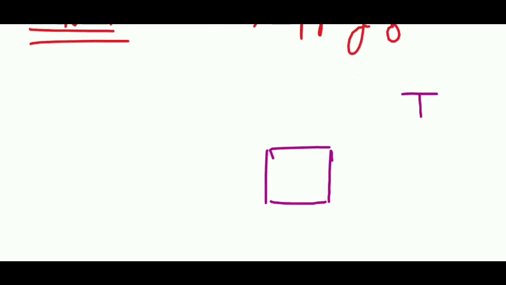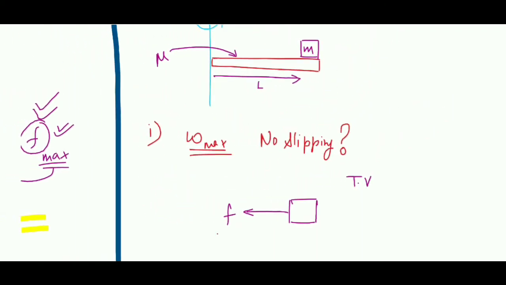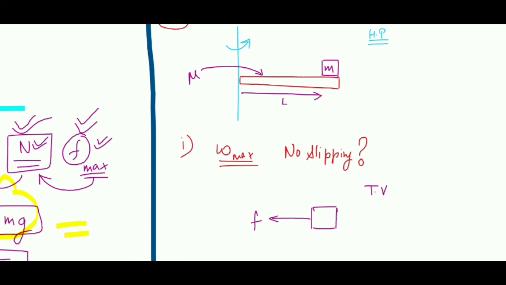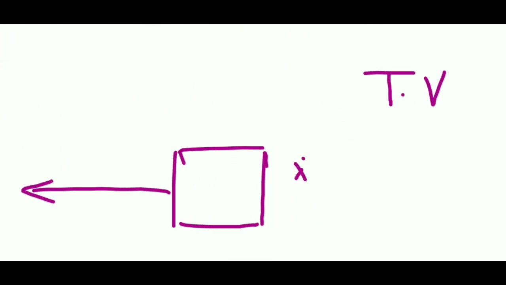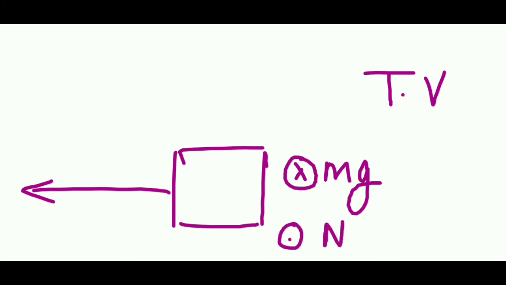From the top, friction will be inside at this point, which will provide the centripetal force. Mg will be downwards, inside the screen, and normal will be upwards, out of the screen.